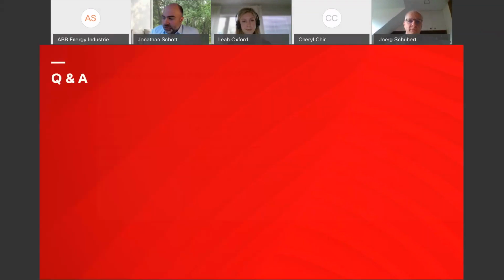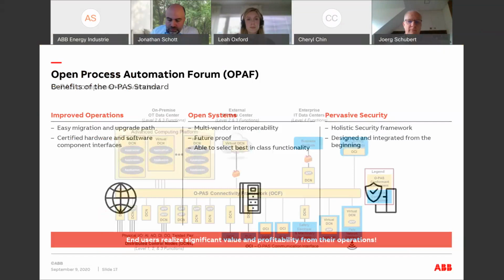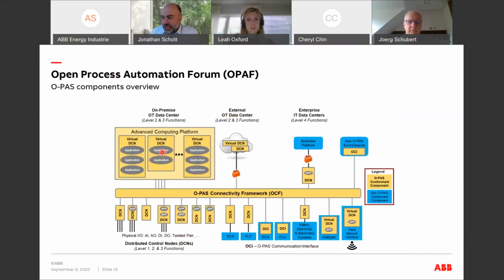Yes, of course. If you go back to the picture, one of the architectures, yes, exactly. I mean, it is very clear, a lot of virtual DCNs are on this picture, and executing virtual control nodes, executing applications, porting them, it cries for concepts like containers, having serverless systems.